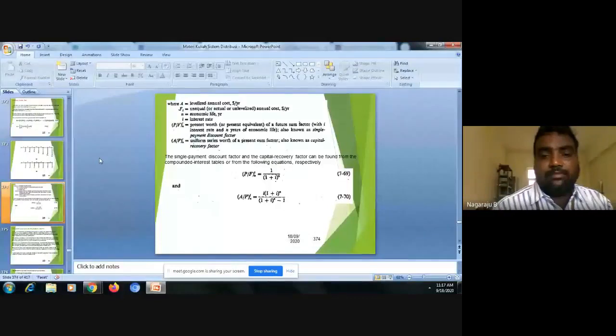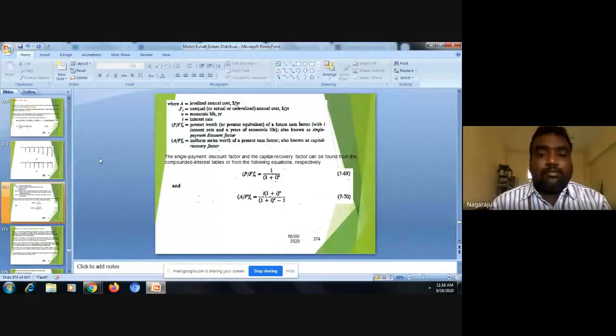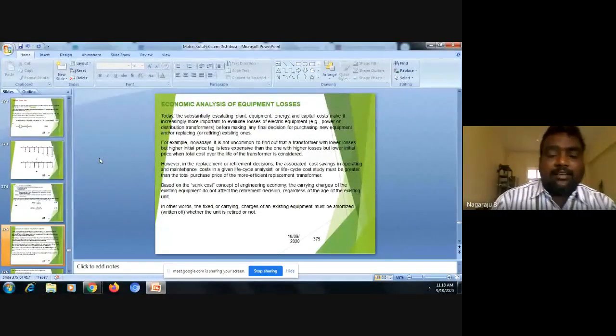And see, the single payment discount factor and the capital recovery factor can be found from the compound interest tables or from the following equations. Okay, and this is about the economical aspect calculation.